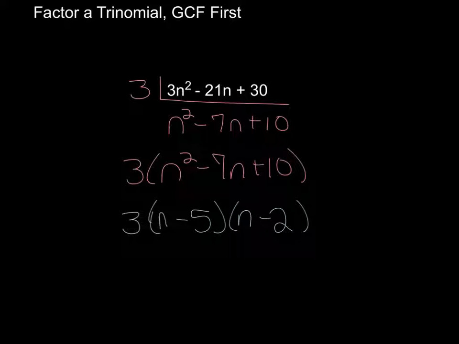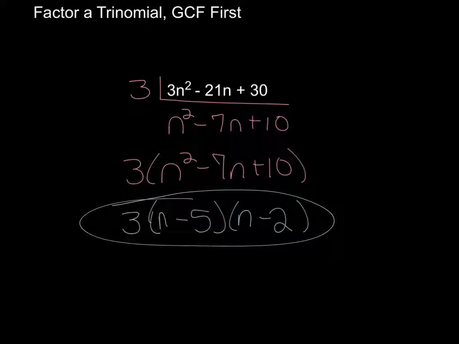So if we were to re-multiply this, we would multiply this first, and we'd get n squared minus 7n plus 10. Then we would distribute that 3, and we'd get what we started with. So the only difference on these problems is there will be a number that we can factor out before we factor the trinomial.